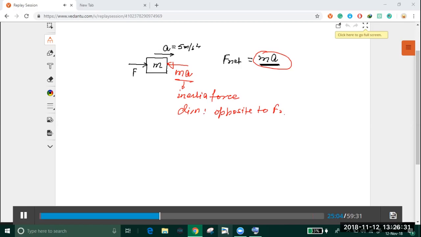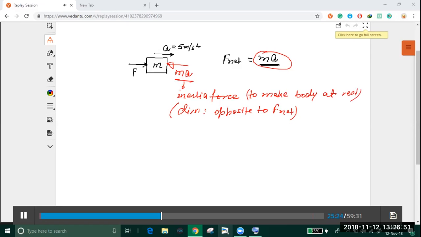Clear? Why did we apply the net force? To make a body at rest. Clear now?